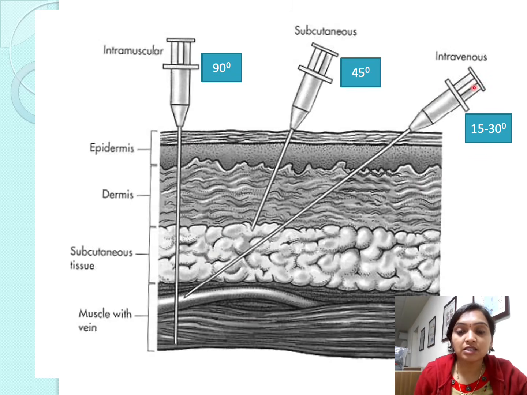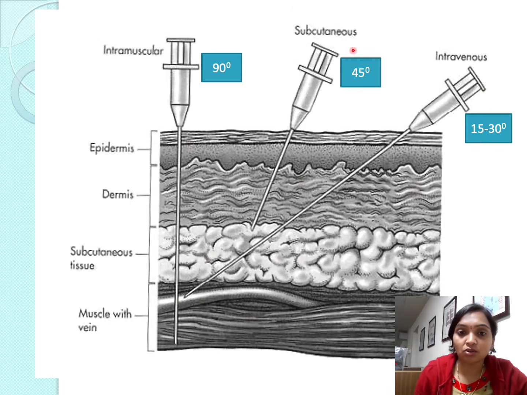Intravenous, as the name suggests, you have to administer the drug through veins, right? In the skin, all the three layers, that is dermis, epidermis and subcutaneous, are less vascular, and the vessels are mainly present in the muscles. So the angulation here is 15 to 30 degrees and you have to inject into the vein.